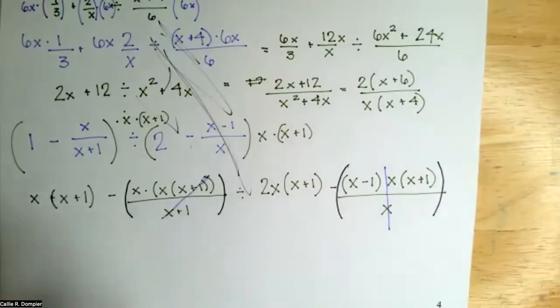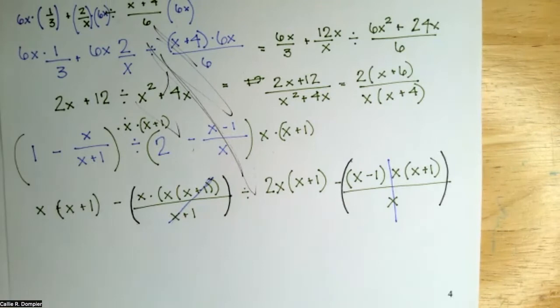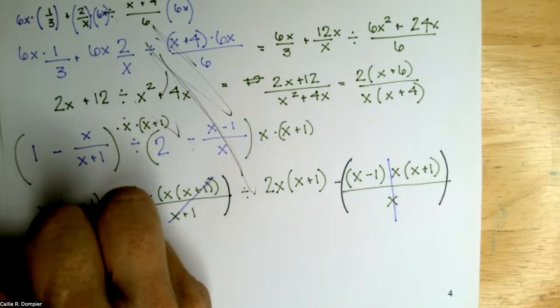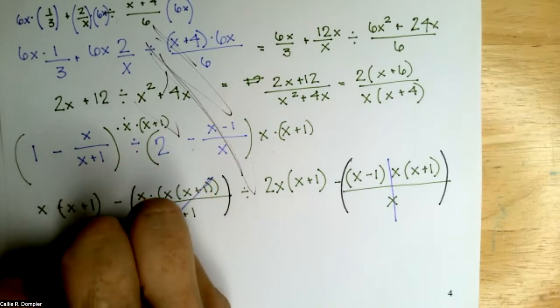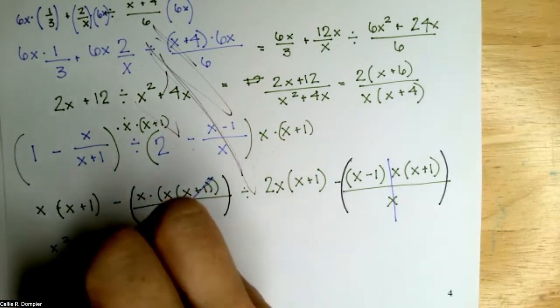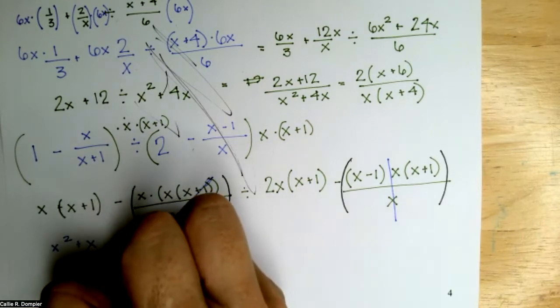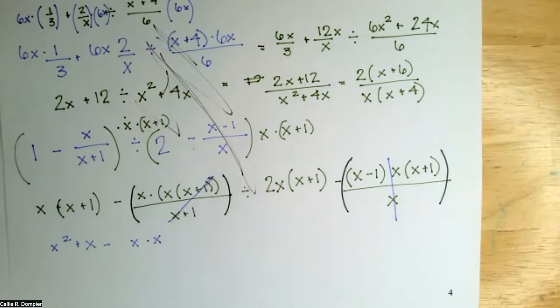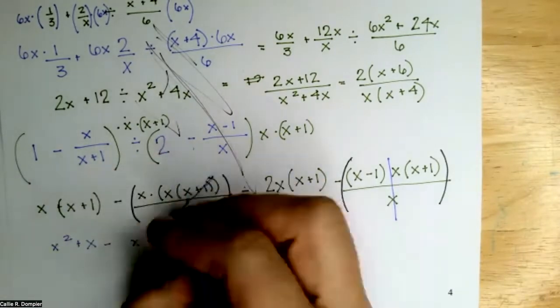Okay. So now x times x becomes x squared. x times 1 is x. Good. Minus x times x, right? Because that's all canceled.